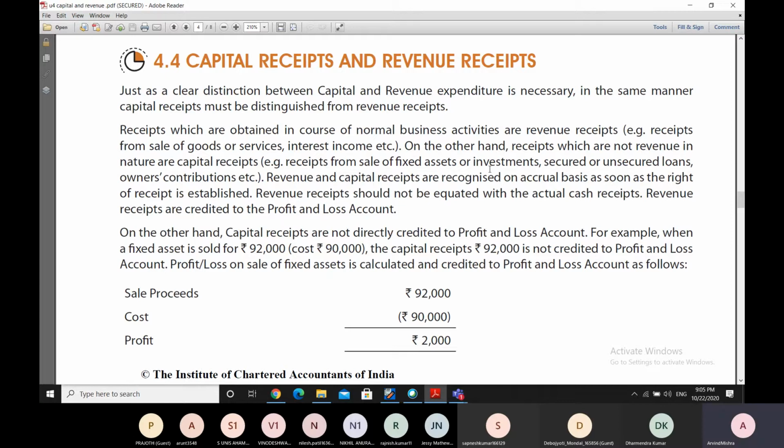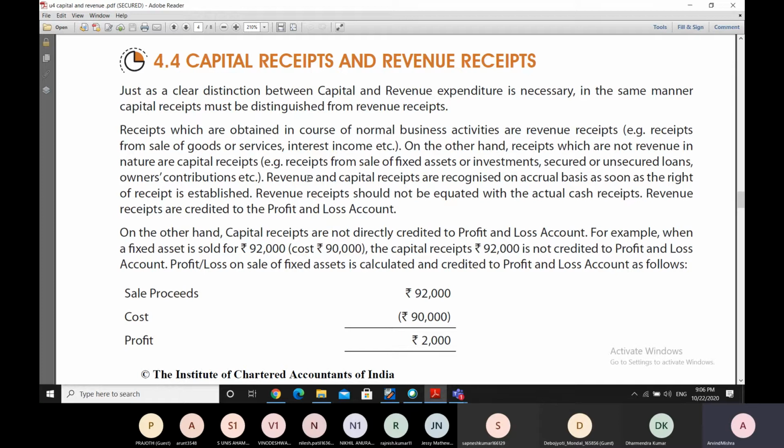Similarly, when we take secured or unsecured loans, or when the owner contributes his own capital to the books of accounts of the business, that contribution of the owner is also capital in nature.